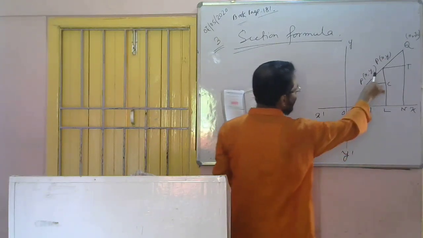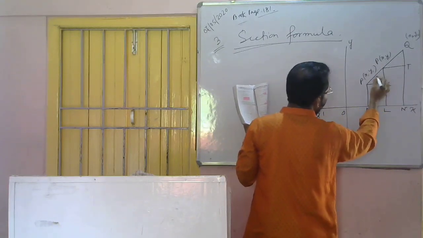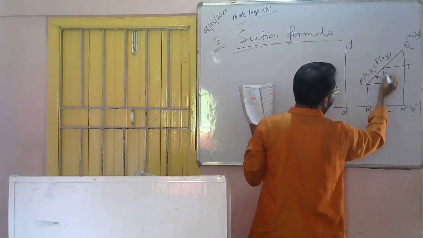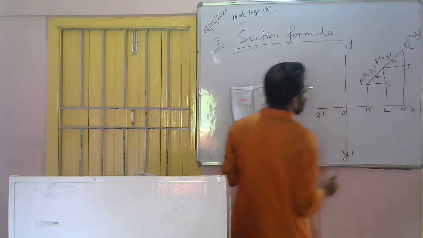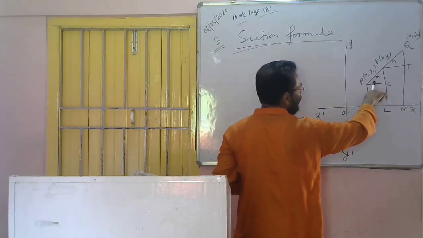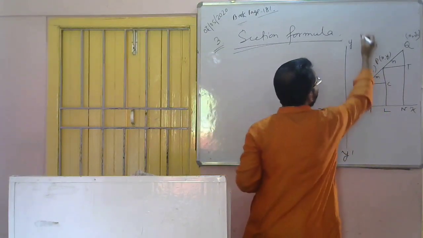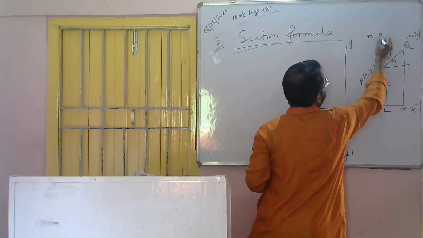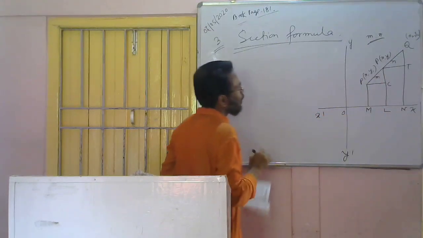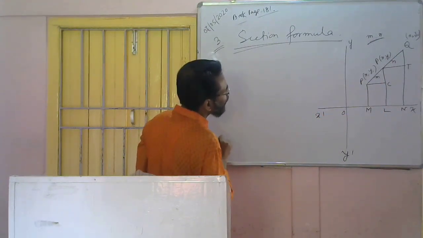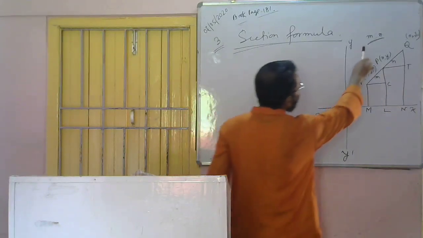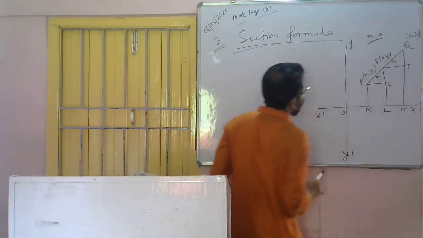We don't know this ratio, so we denote this part by m and this part by n. This part is the m part, this part is the n part. The ratio is m is to n. It is not known, so it is arbitrary, and we denote it m is to n.